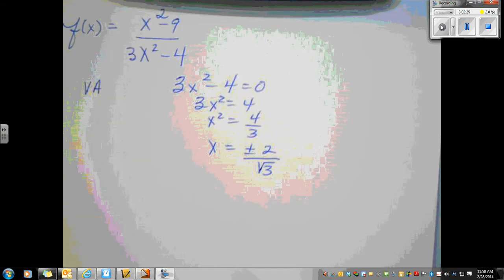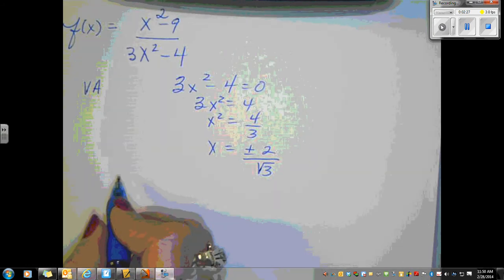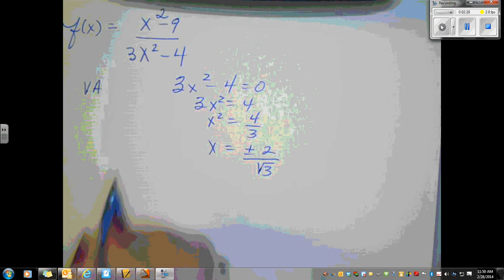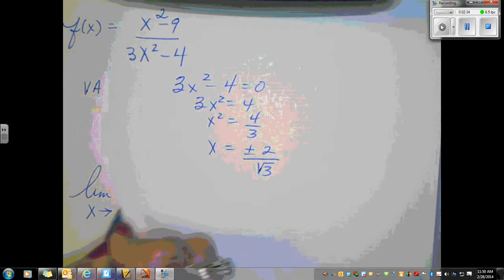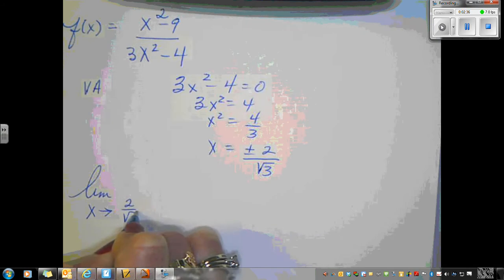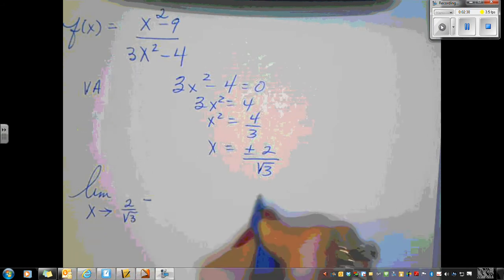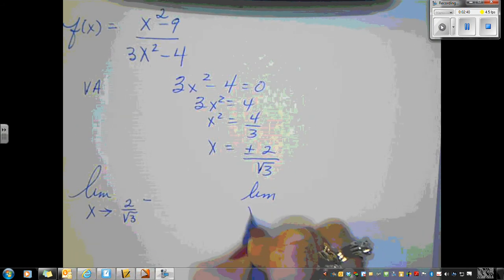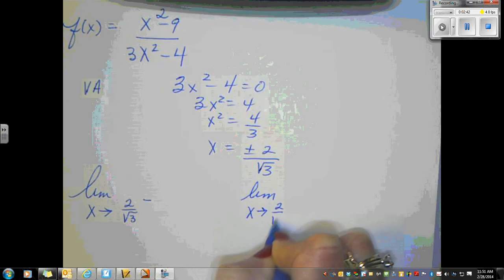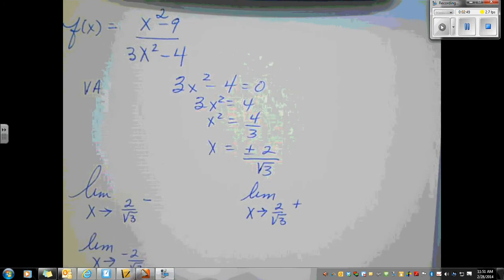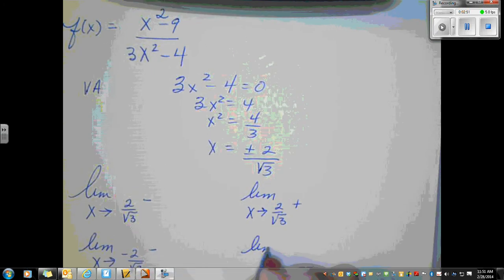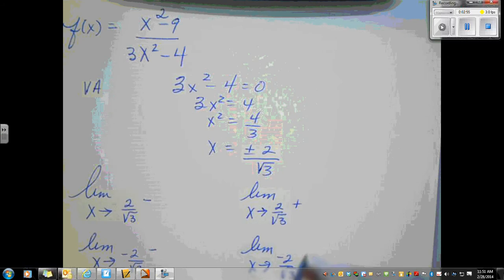Okay, but if I wanted to prove this with calculus, I have to say the limit as x goes toward 2 over radical 3 from the left, the limit as x goes to 2 over radical 3 from the right, the limit as x goes to negative 2 over radical 3 from the left, and the limit as x goes toward negative 2 over radical 3 from the right.